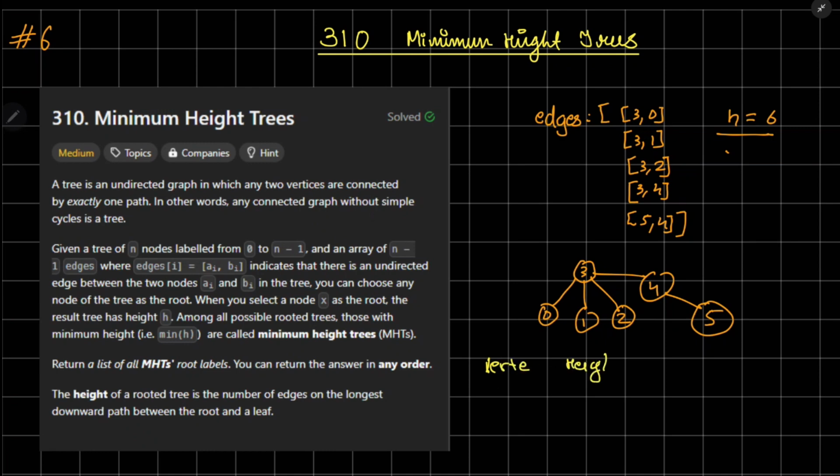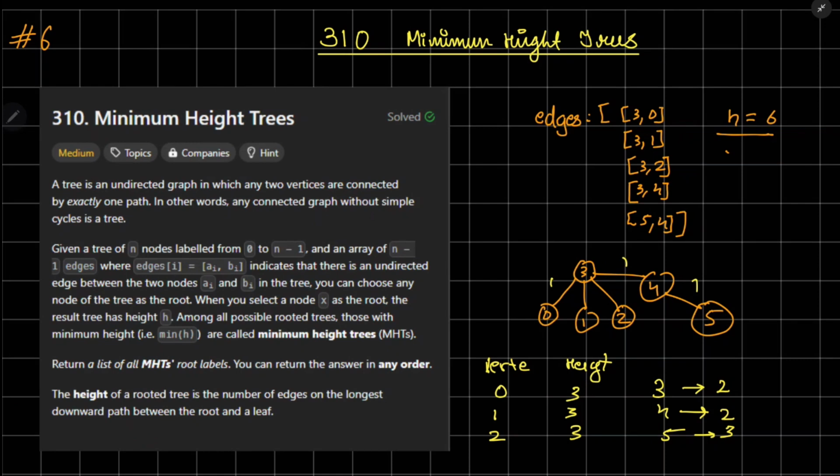For 0 it will be 3, for 1 it will also be 3, for 2 it will also be 3, for 3 it will be 2. Okay, for 4 also it will be 2, and for 5 it will be 1, 2 and 3. For 5 also it will be 3.